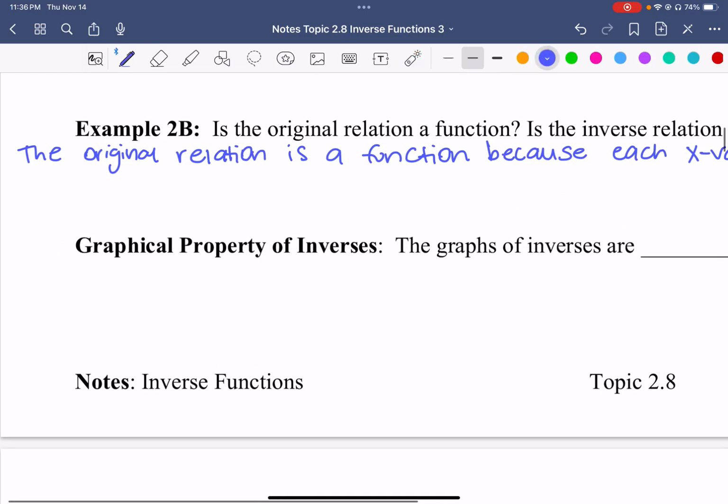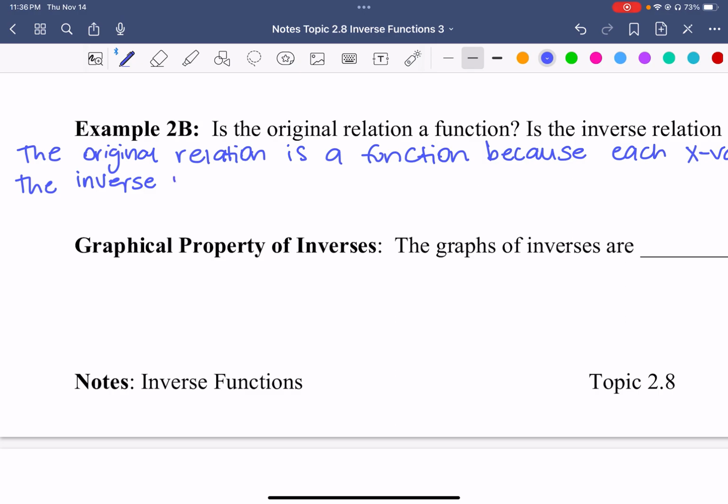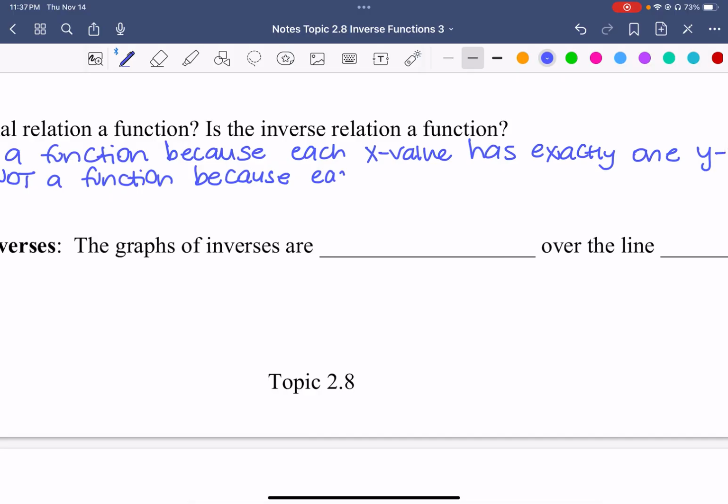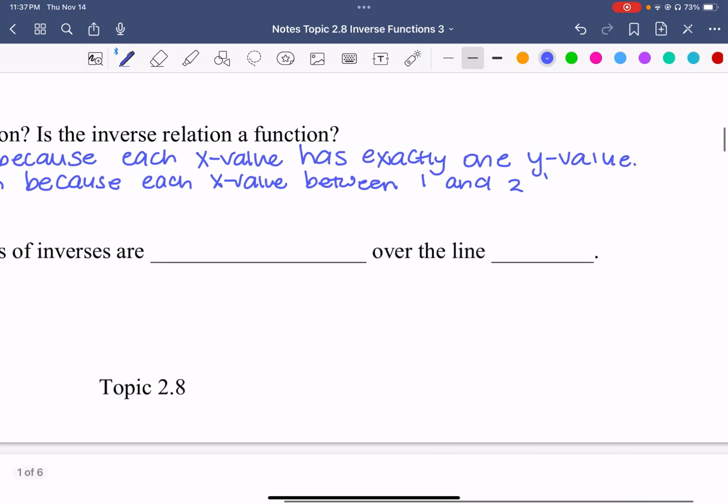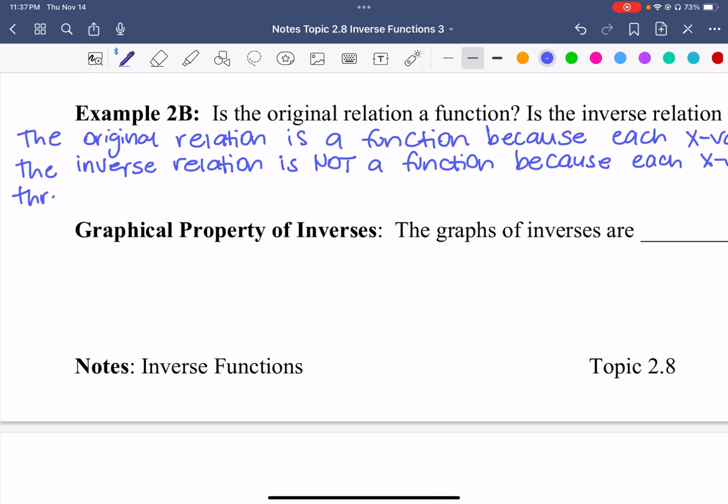Okay, so we're going to say the inverse relation is not a function because each x value between 1 and 2 has 2 or 3 different y values.